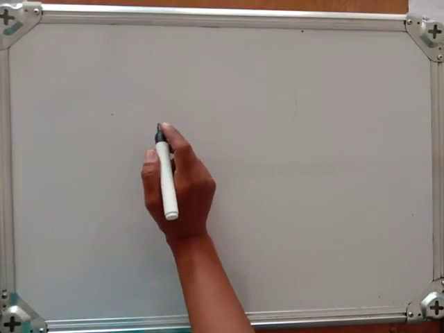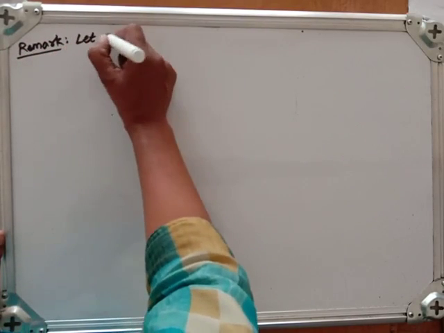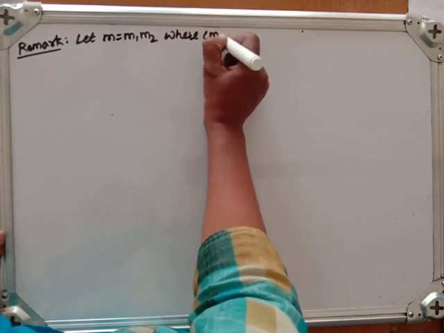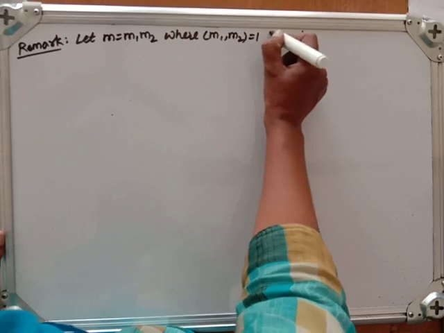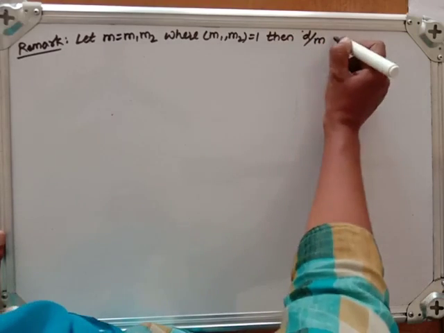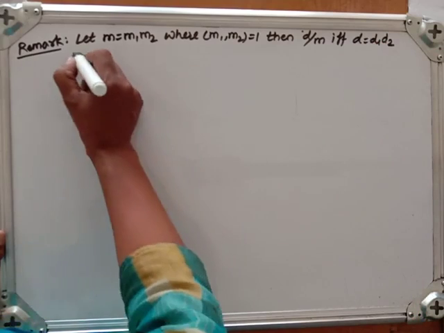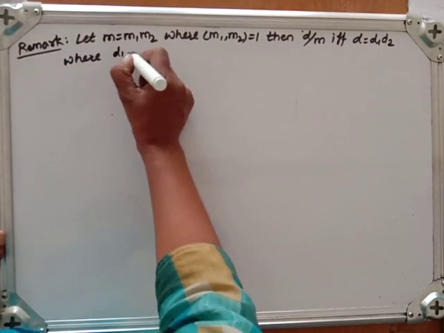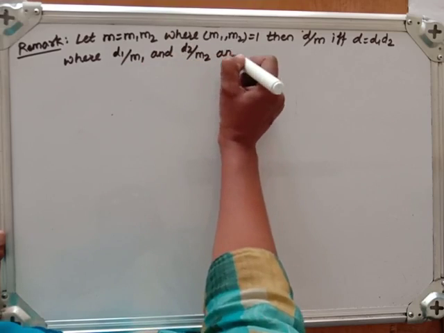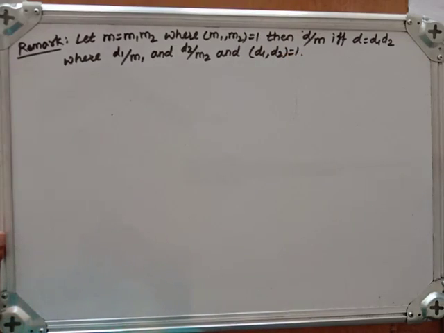Now let's see the remark. Let m equal to m1 m2, where m1 and m2 are relatively prime, then d divides m if and only if d equal to d1 d2, where d1 divides m1 and d2 divides m2, and d1 d2 are relatively prime.